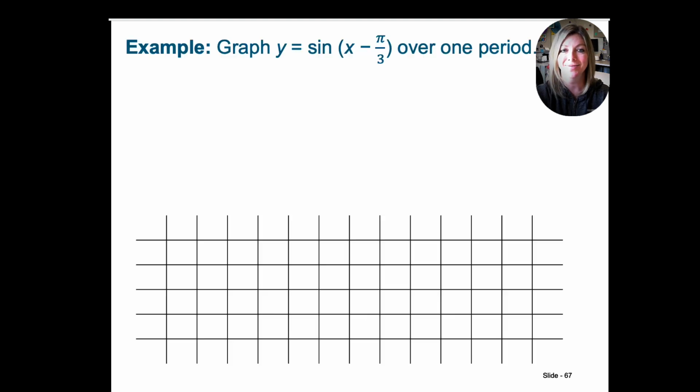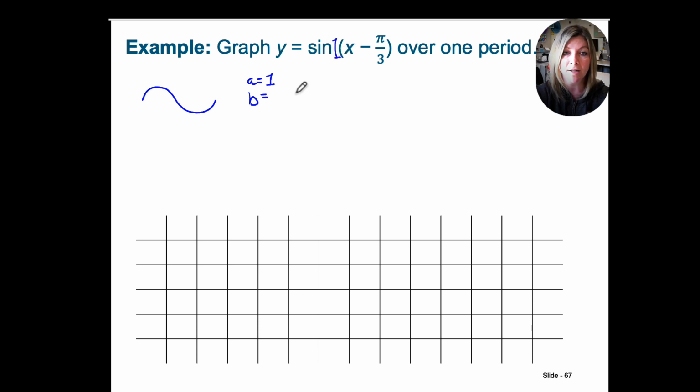All right. Let's use this example to see if we followed along with what a horizontal or phase shift is. We're being asked to graph y equals sine of x minus pi over 3. So parent function, we've got sine. Going through the alphabet, a is the implied 1, so the amplitude's not going to change from the parent function. B is the coefficient in front of x, or after sine here.